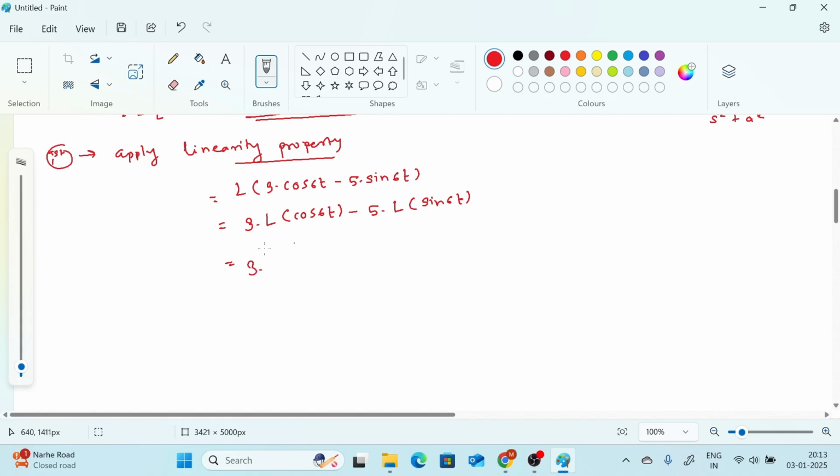Third, Laplace of cos 6t will be s upon s square plus a square, where a is 6.